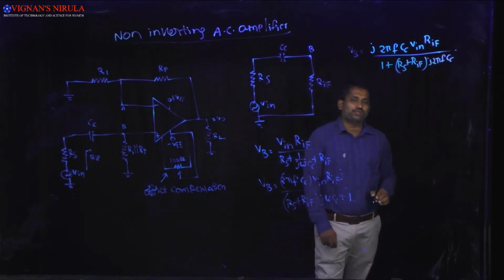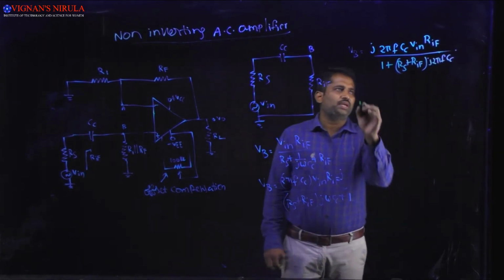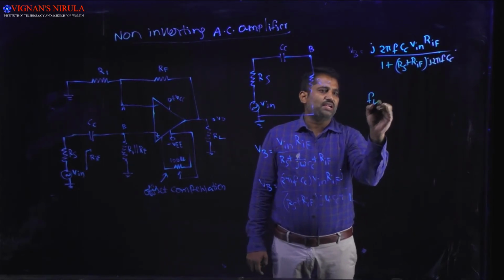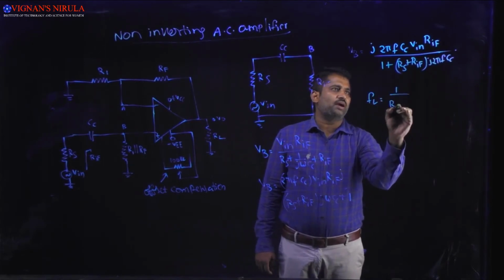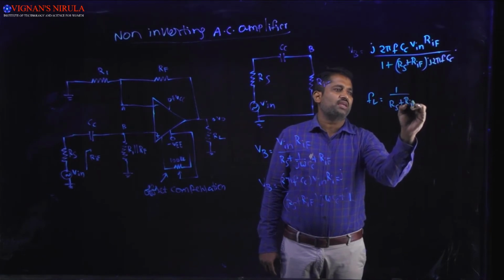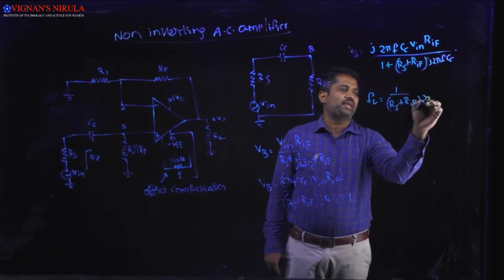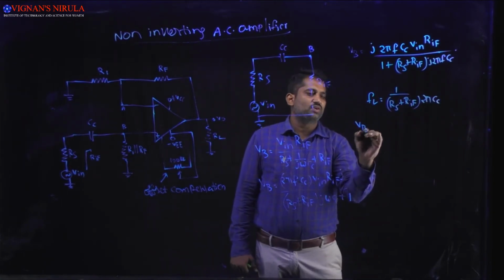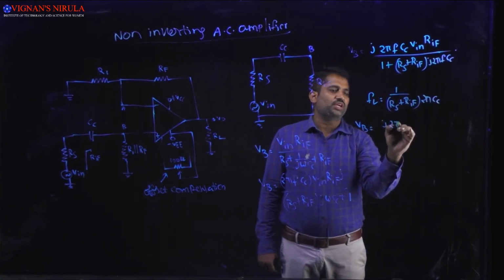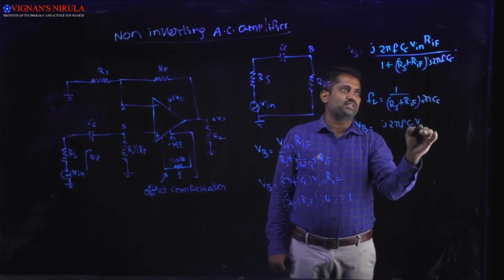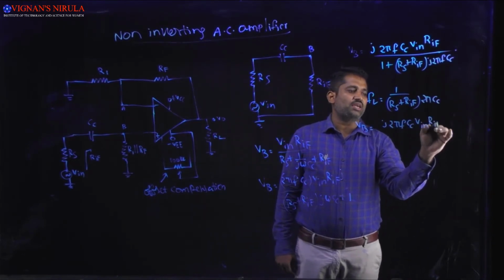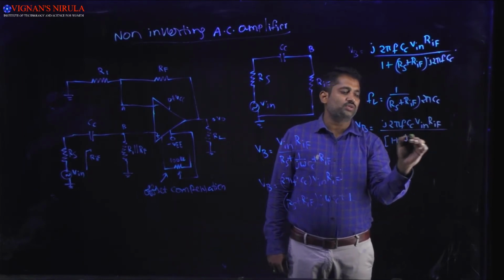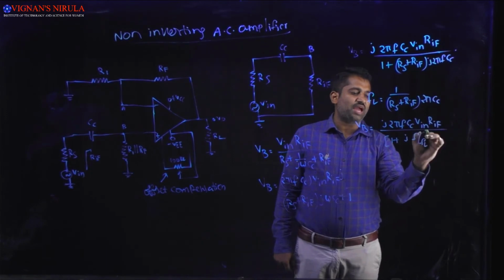Now I am going to calculate VB by taking FL equal to 1 by (RS plus RIF) into 2 pi CC. So we can rewrite this equation as VB is equal to J into 2 pi F CC Vin into RIF divided by 1 plus J into F by FL.